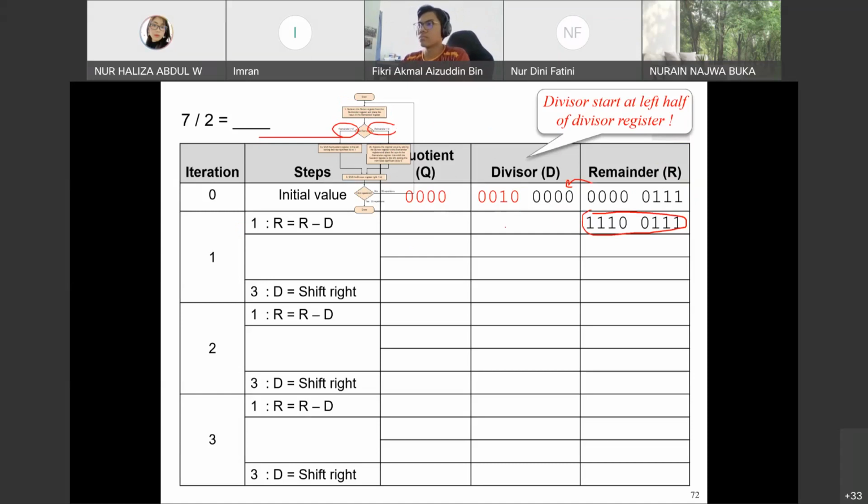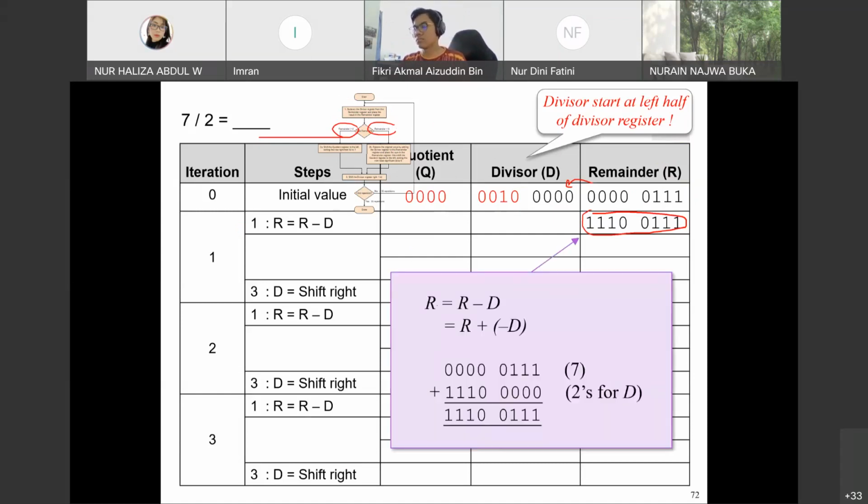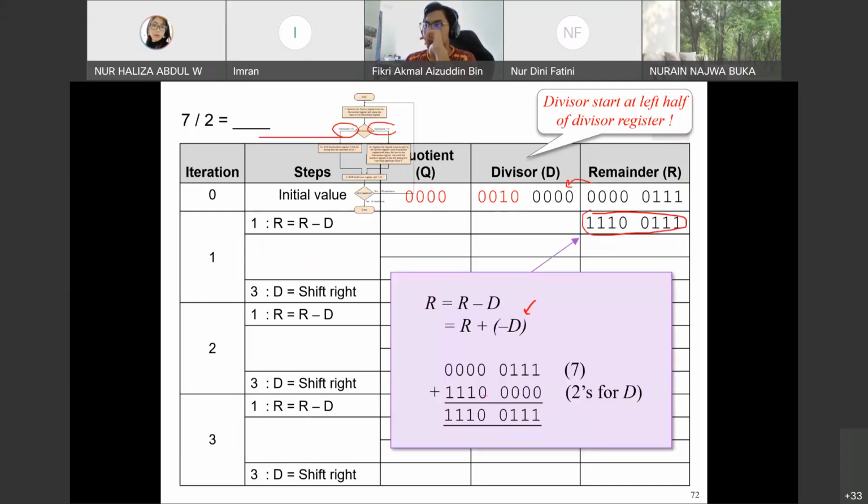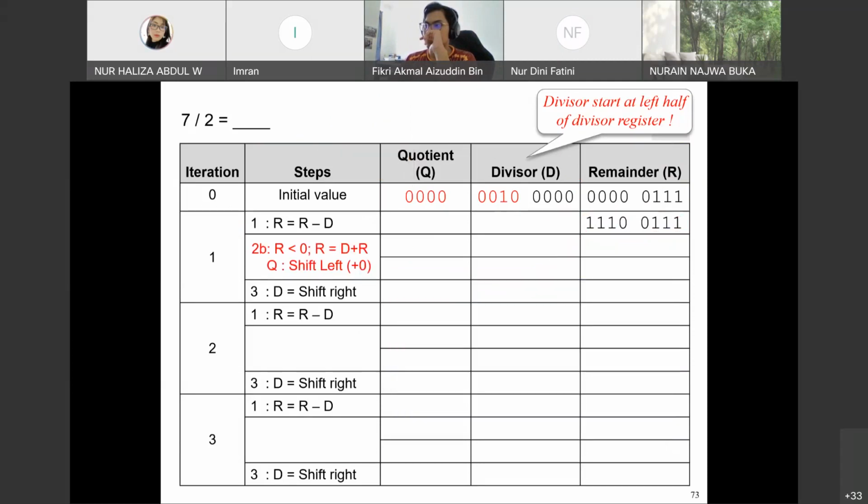Here you can see R equals R minus D; you need to do this in terms of 2's complement to get this result. And then you do the next step because you are less than 0, what you get here is negative. And you will shift to the left. Your Q, you shift to the left, but nothing happens because it's a 0.